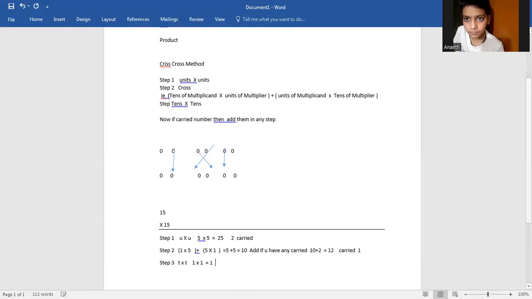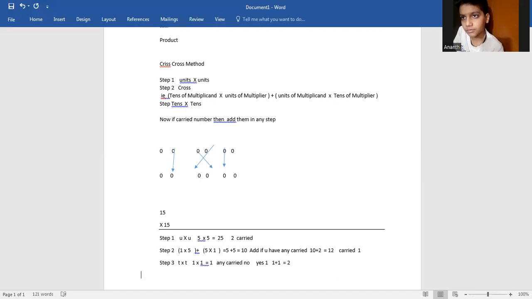Always when you do any step, you have to check any carried number. Do we have any carried number? Step 2, yes, carried 1, right? Step 2 is carried 1 to step 3. So 1 plus 1 is 2. Now step 3's correct answer will be 2.